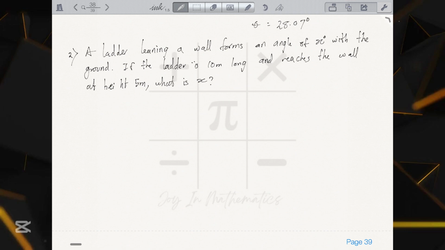A ladder is leaning on a wall and it forms an angle of x degrees with the ground. Now look at the description. We have a ladder, it is leaning against the wall.